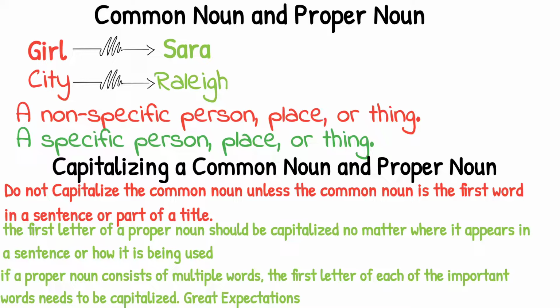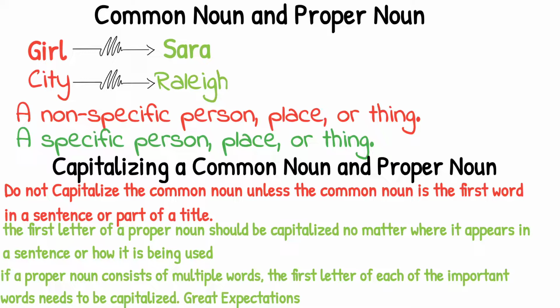Now let's discuss some rules about how to capitalize a noun. Capitalization rules can get confusing sometimes, but when it comes to capitalizing a common noun, the rules are very simple. Don't do it unless the common noun is the first word in a sentence or part of a title. In contrast, proper nouns name a specific person, place, or thing.